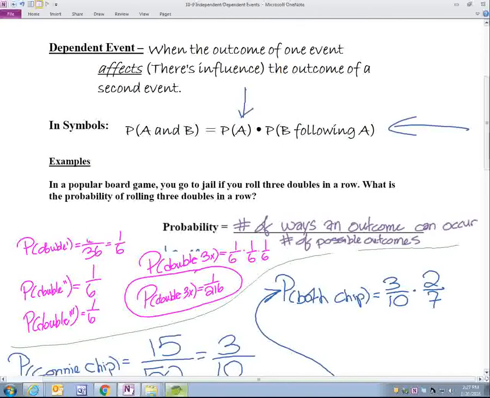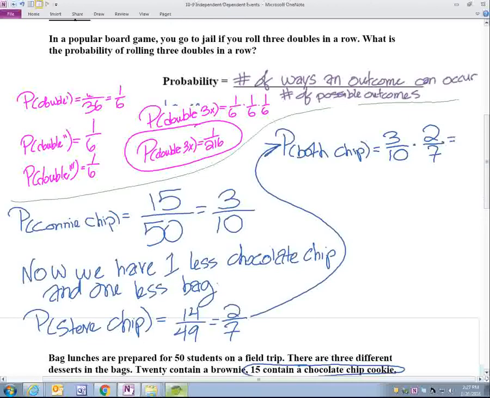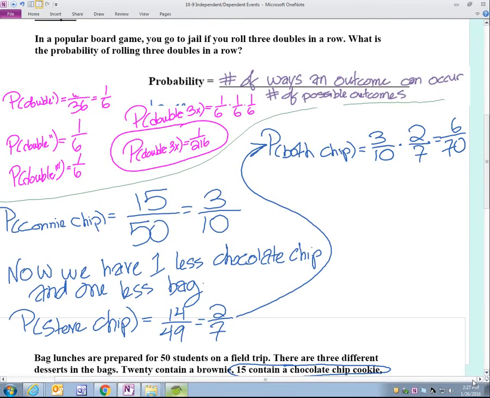Here's Connie's chocolate chip. Here's what's left over for Steve's chocolate chip. So I'm multiplying those two together, and I get 6 over 70, which can be reduced. 3 over 35.